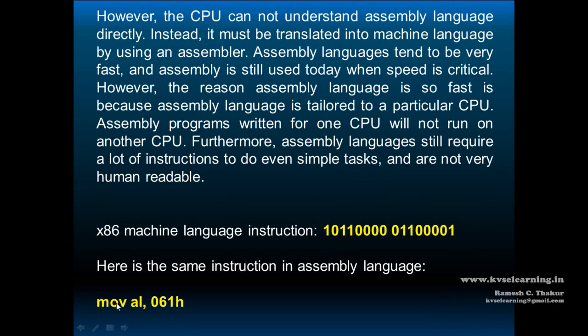Now if this instruction, that is move al, 061h, needs to be executed, then first of all it has to be converted into machine language, because this is in assembly language format. So we need a special piece of software, an assembler, that will convert this assembly language instruction into the equivalent machine language instruction, and then it may be executed by the CPU.